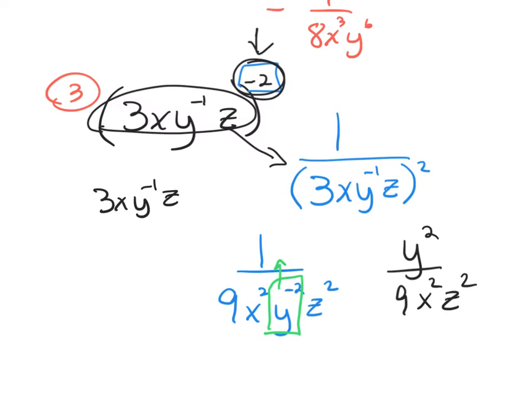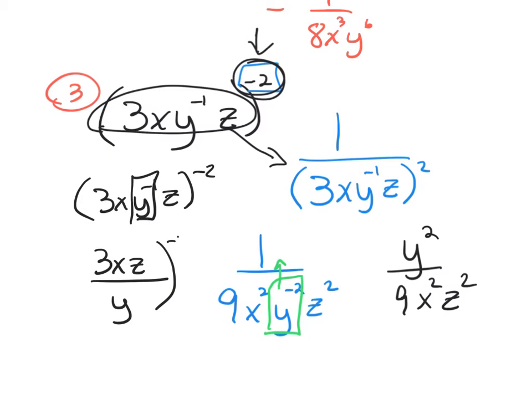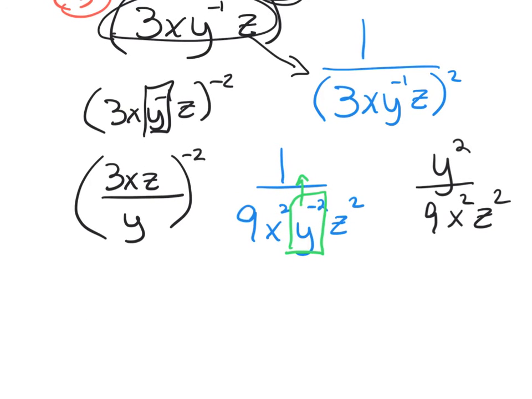Like you could do this. You could have said, first thing I'm gonna do is just take this and move it to the bottom. And then what you could have done is deal with this, flip it to its reciprocal, and now square everything.